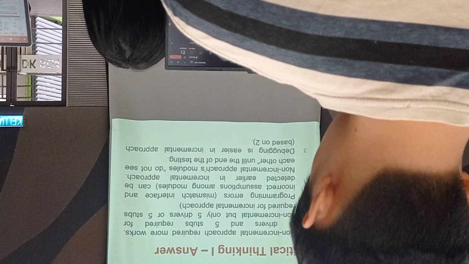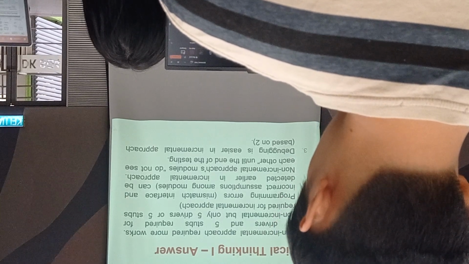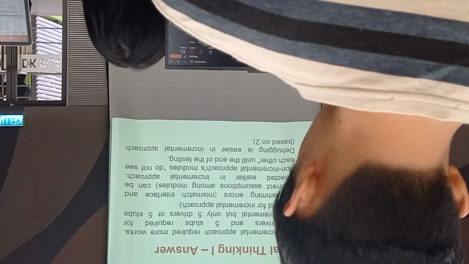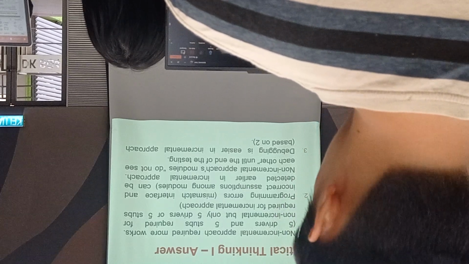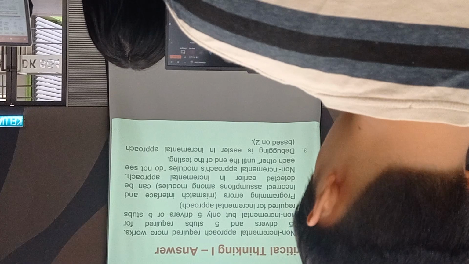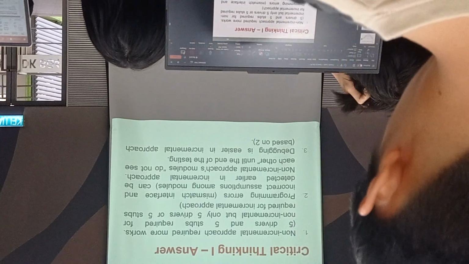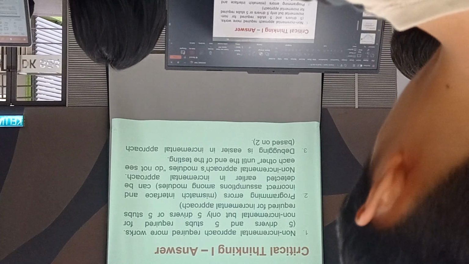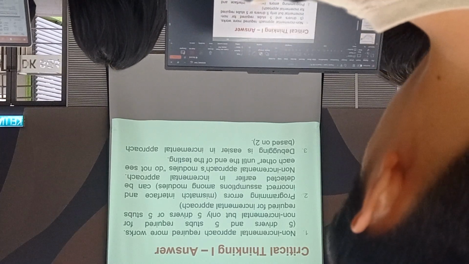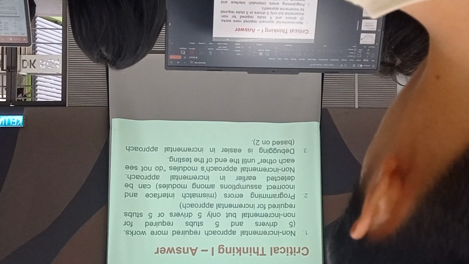So when we detect the programming errors earlier, debugging will be easier, and the cost, resources, and time will all be lower. So in the incremental approach, debugging is much easier compared to the non-incremental approach. So who has the advantage here?